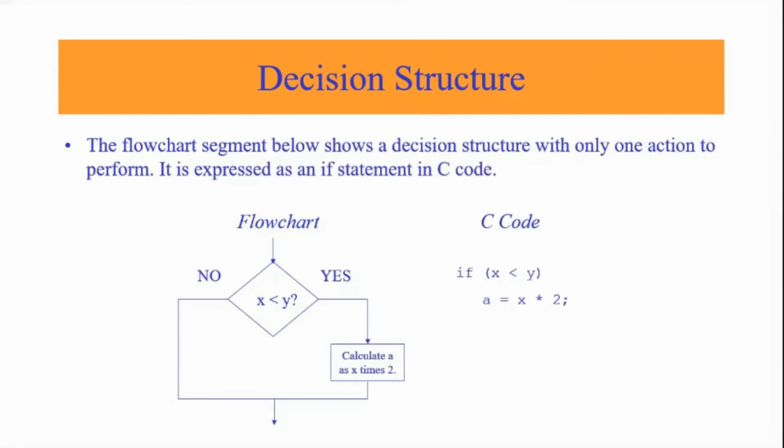So that is a decision structure. Then there is another type of decision structure, where only on one side there will be some process happening. In this case, if x is less than y, then we calculate a as 2 times x, or x times 2. When this particular condition evaluates to yes, then only there will be some calculations happening.